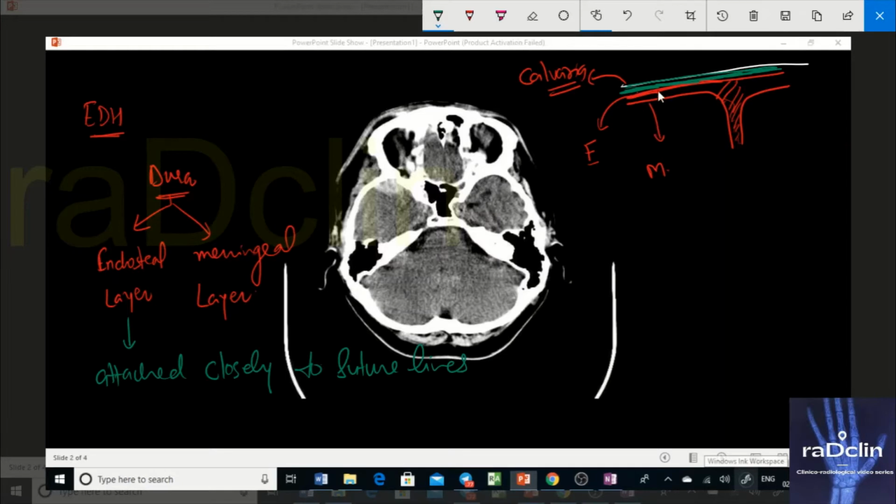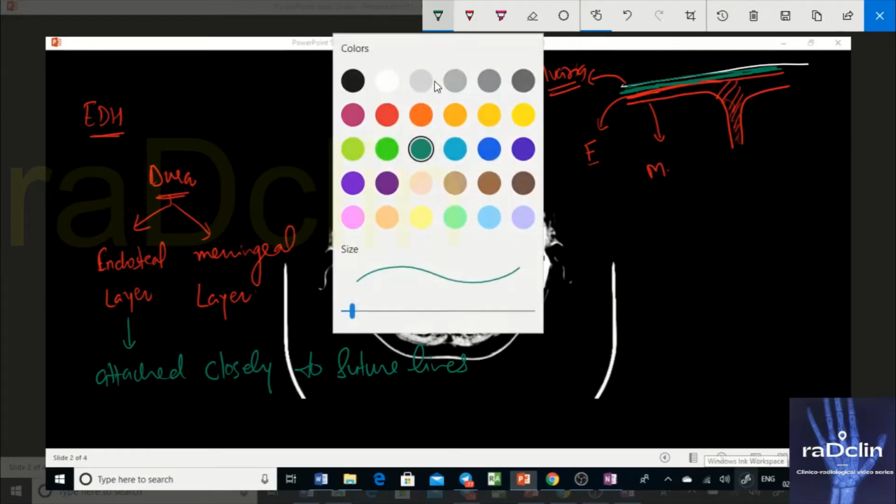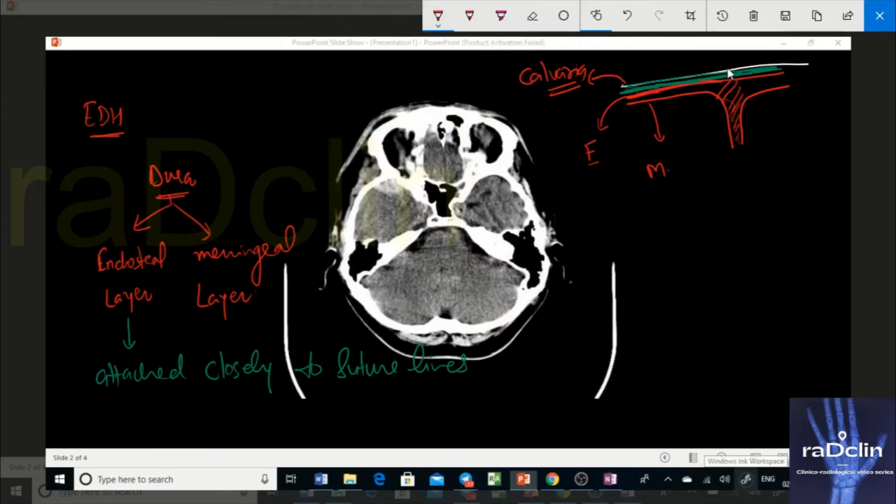Let's say this is the endosteal layer that we are seeing, and at this point, let's say this is your suture line that is going. I'm showing a coronal section. The diagram I've drawn is in the coronal section. So the suture line will be going into the screen, and definitely this endosteal layer is attached to this suture line very adherently.